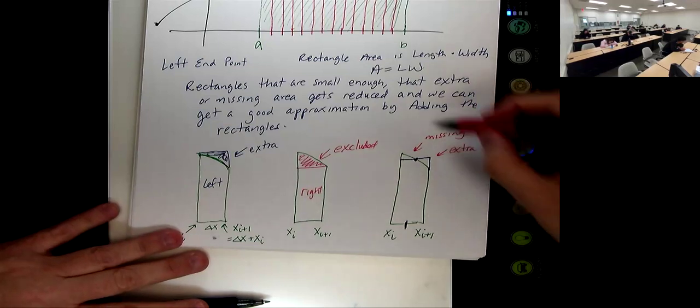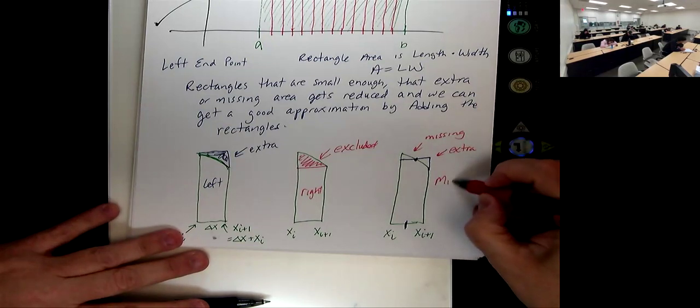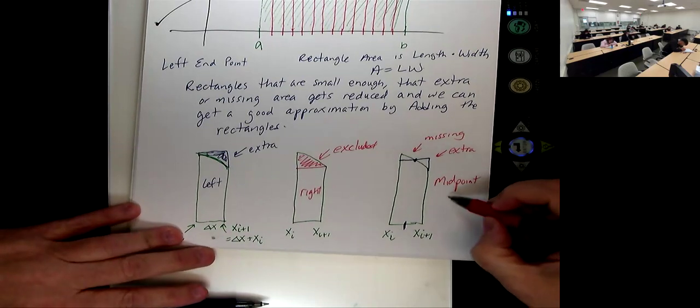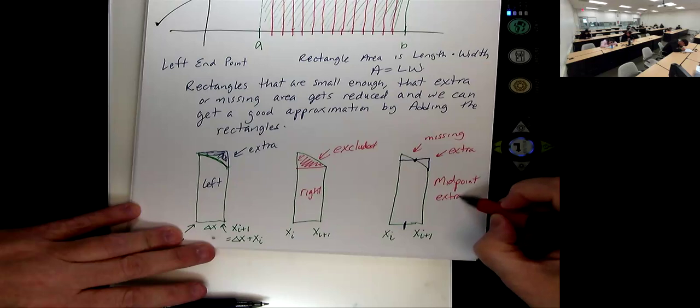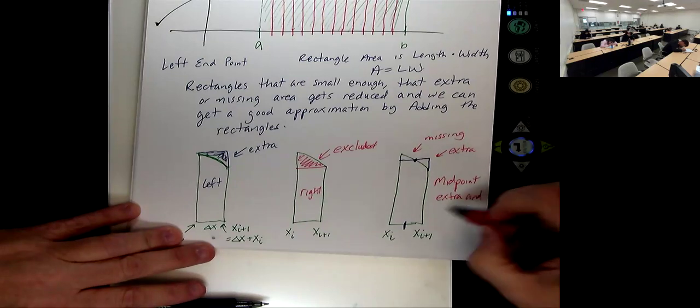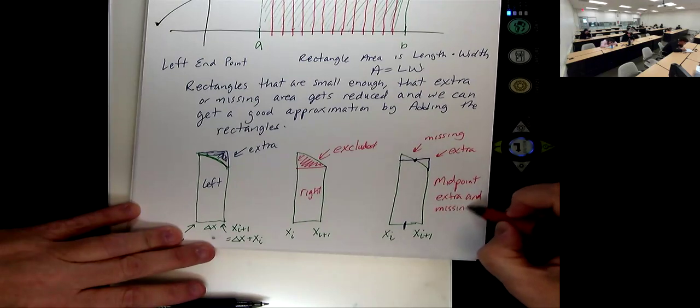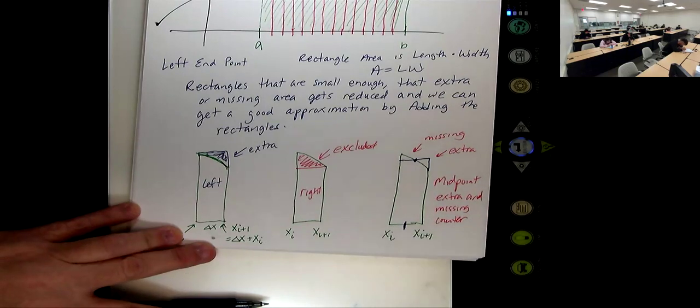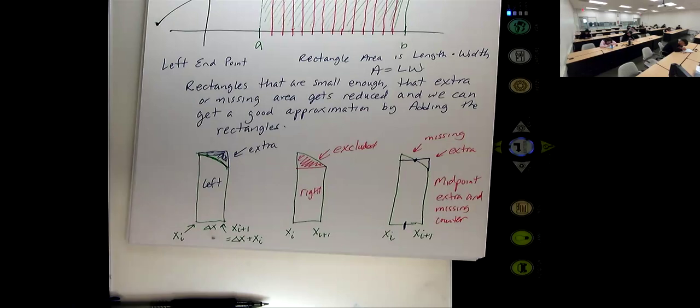A better balance. The extra and missing kind of counter each other. Not perfectly, they're not exactly equal to each other, but it does reduce the mistake.